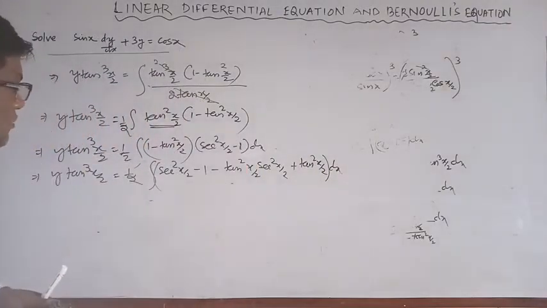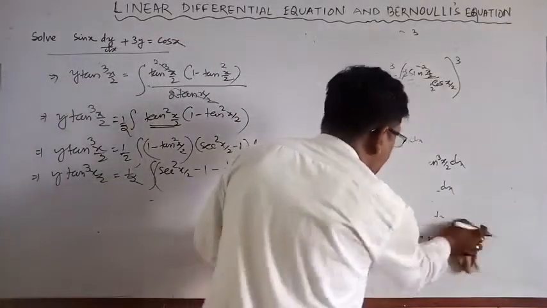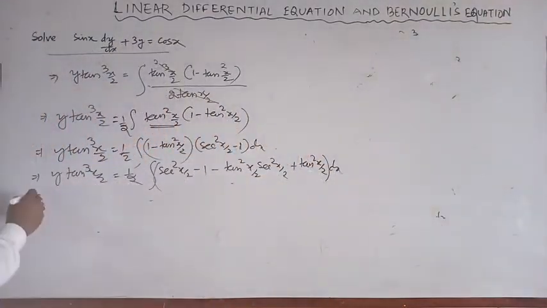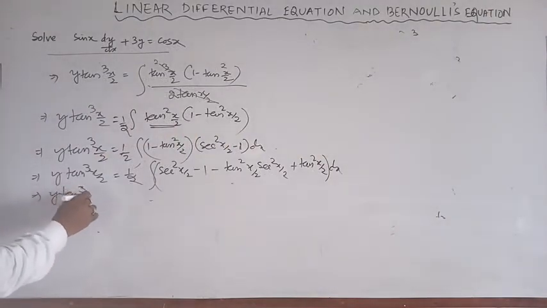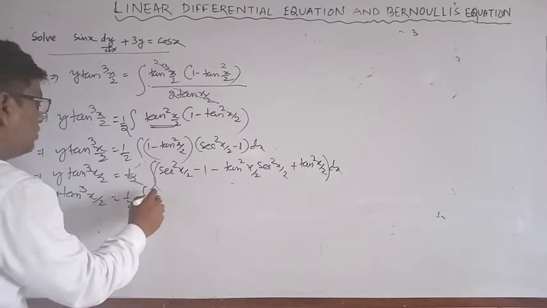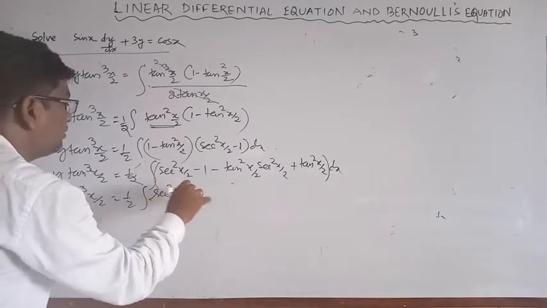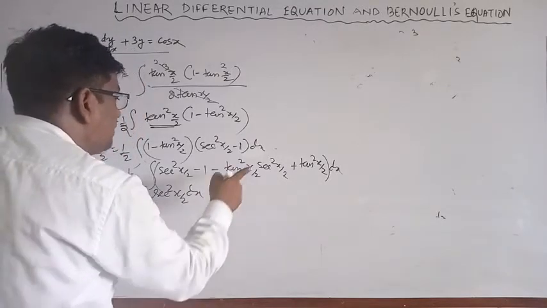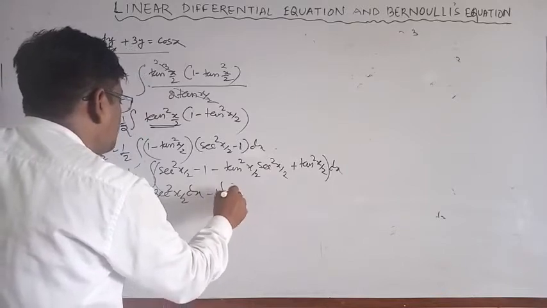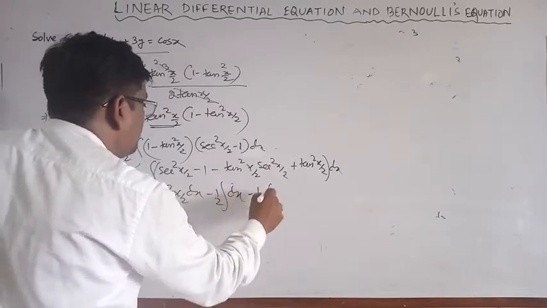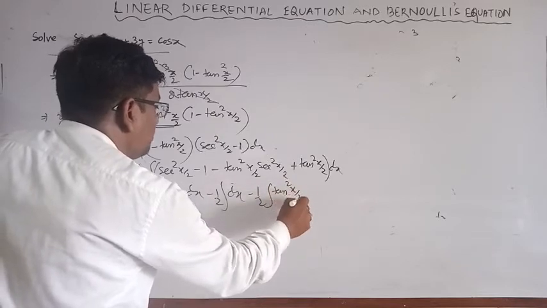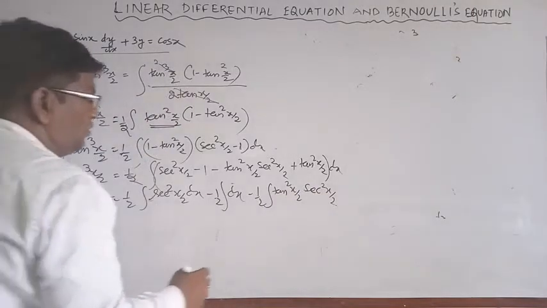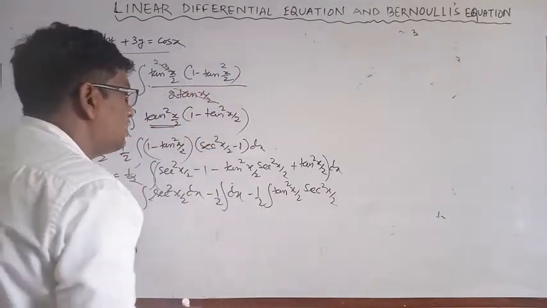Now we can write here, y into tan cube x by 2 is equal to 1 by 2 into integration of sec square x by 2 into dx, minus 1 by 2 into dx, and minus 1 by 2 tan square x by 2 into sec square x by 2, and plus 1 by 2 into tan square x by 2.